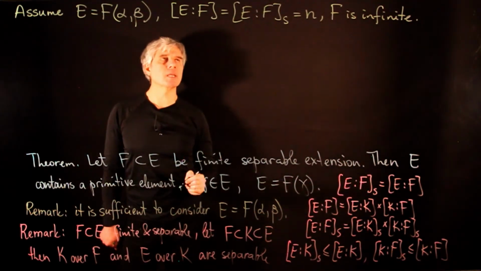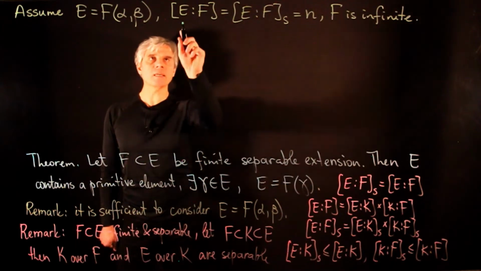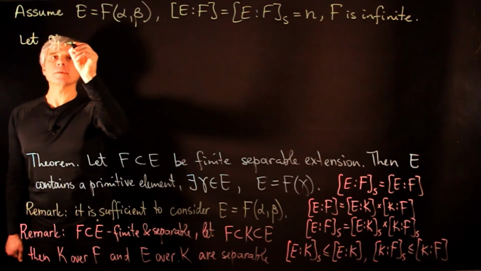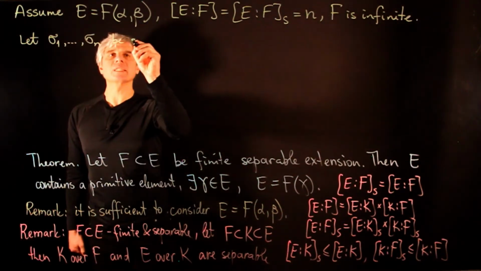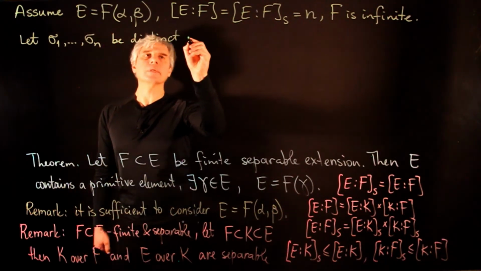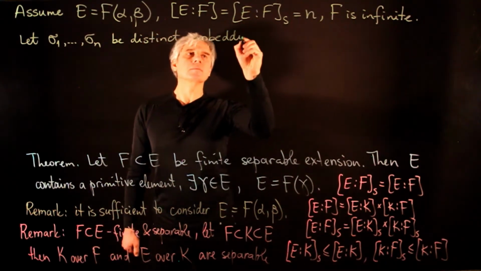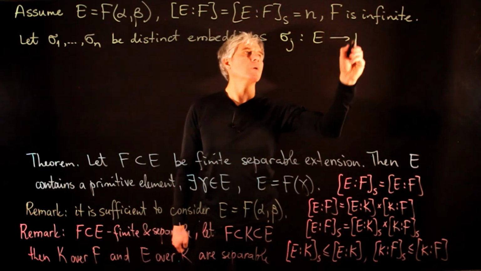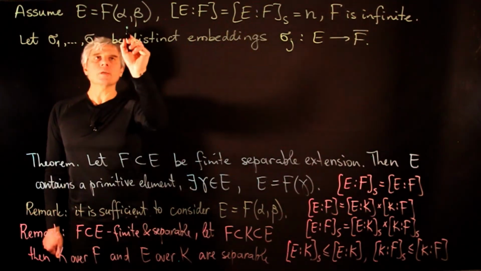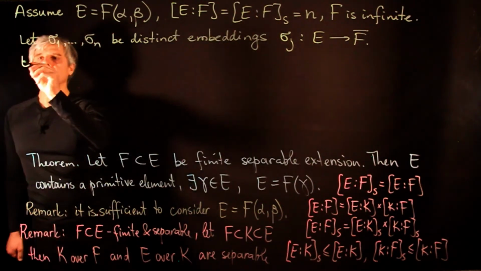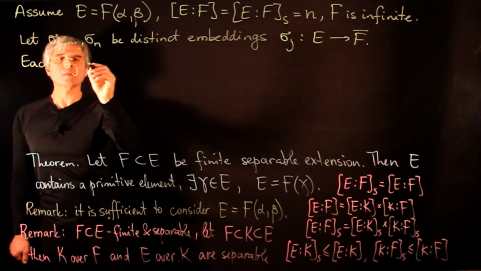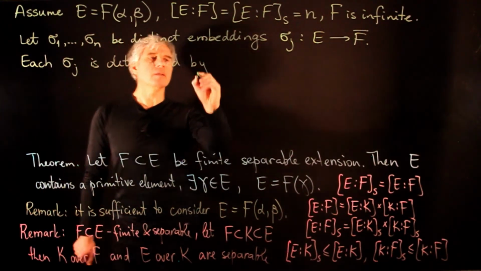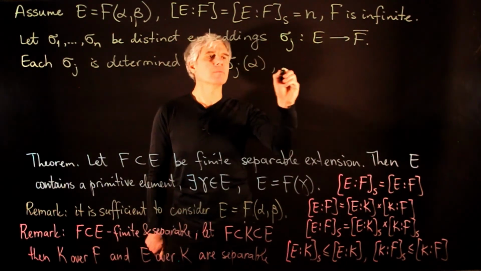Recall that the separable degree is the number of embeddings of E into the algebraic closure of F. And let sigma 1 through sigma n be distinct embeddings of E into F bar. Since E is generated by elements alpha and beta, each sigma j is determined by its values on these elements.